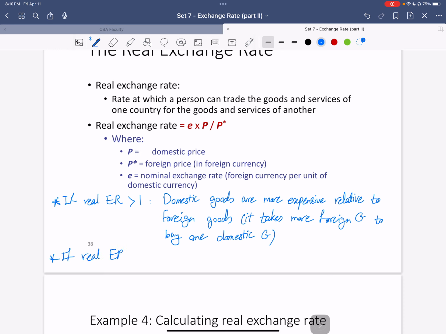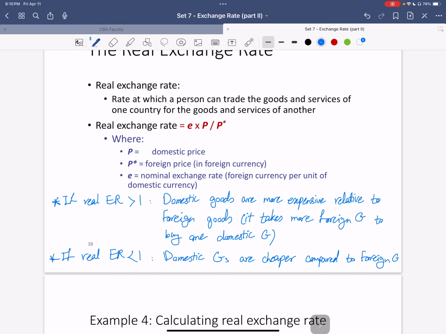And if real exchange rate is less than 1, it means that domestic goods are cheaper compared to foreign goods.